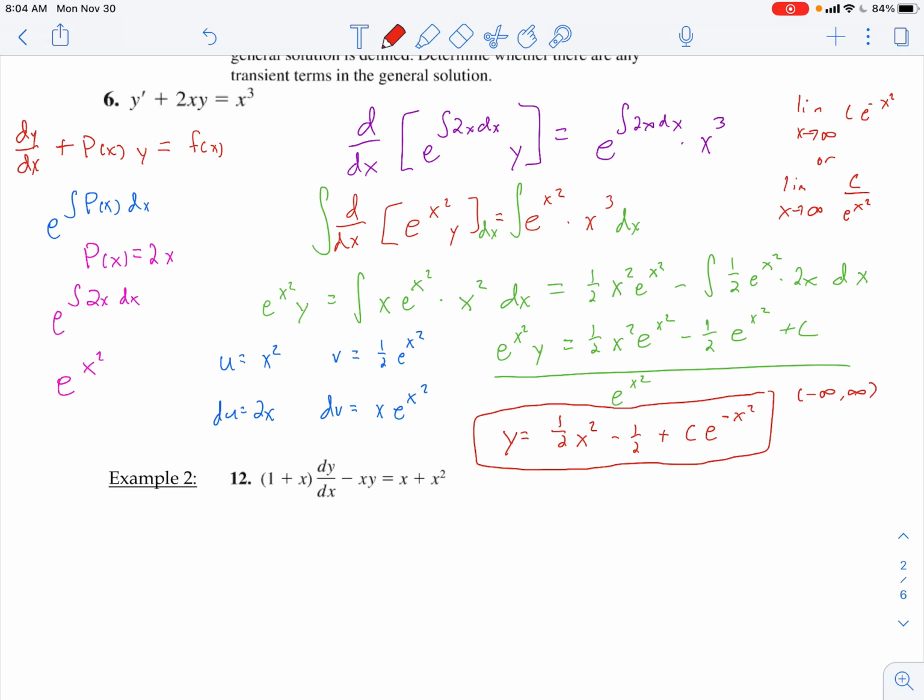And since the denominator is getting bigger, it's tending towards 0. So we do have a transient term, and the transient term is c e to the negative x squared. All right, and that does it for example 1.